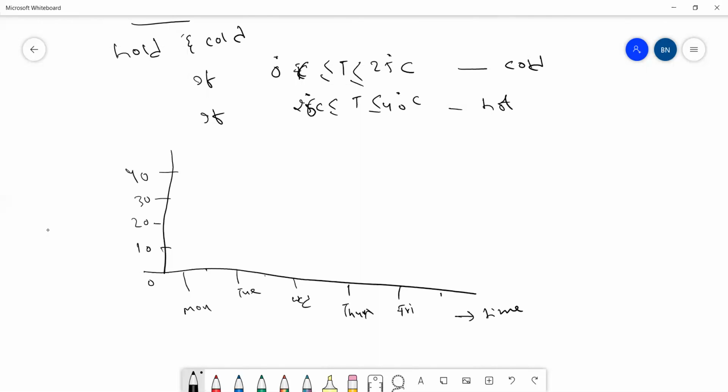So on the x-axis I have taken the days, and on the y-axis I have taken the temperature in degrees centigrade.